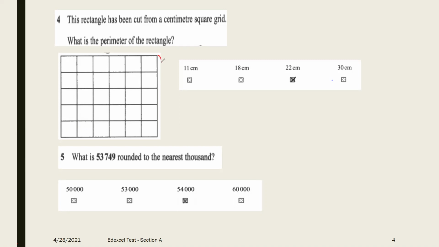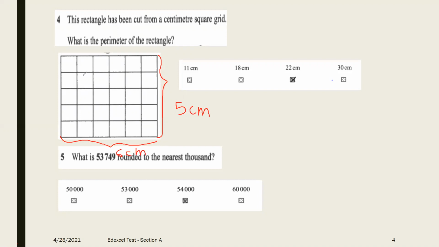First of all, I'm going to find the value of the sides. Here I have 1, 2, 3, 4, 5. So it should be 5 centimeters. Here 1, 2, 3, 4, 5, 6. So according to this question, the length is 6 centimeters and the width is 5 centimeters.